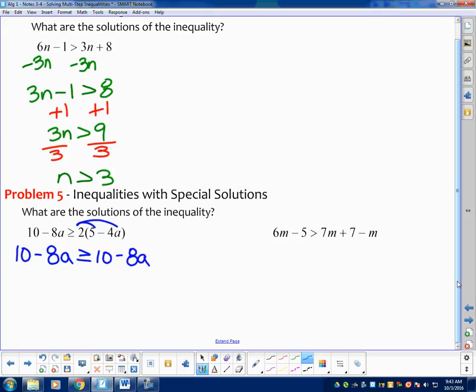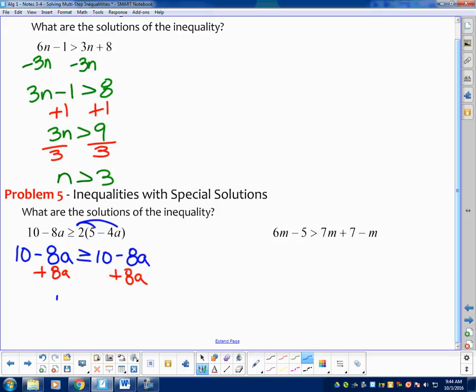Okay, does anybody notice something on this one? The sides are the same. Good. So what's going to happen if I subtract 10 or add 8a on both sides? What's going to happen? That gives me 0. This gives me 0.